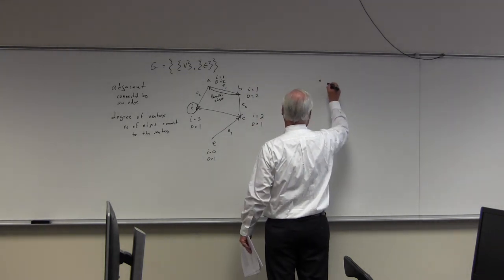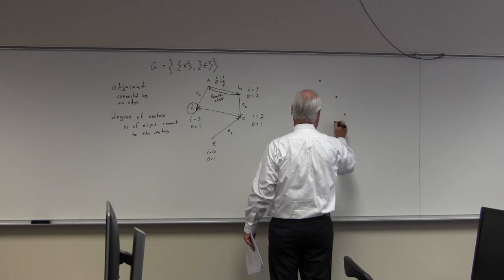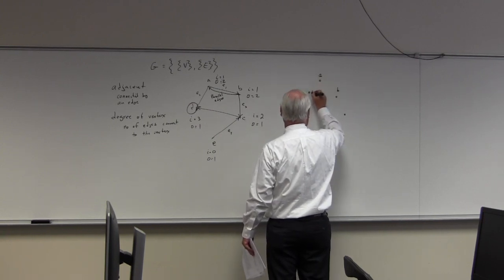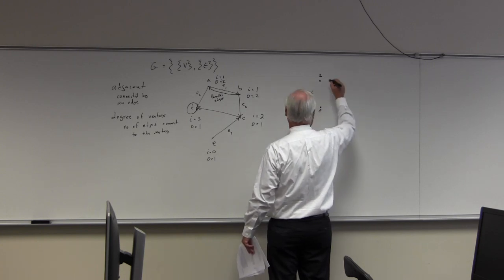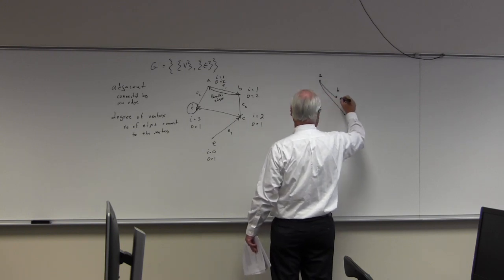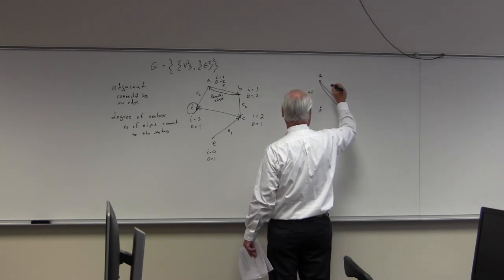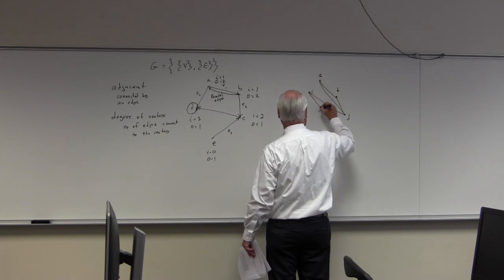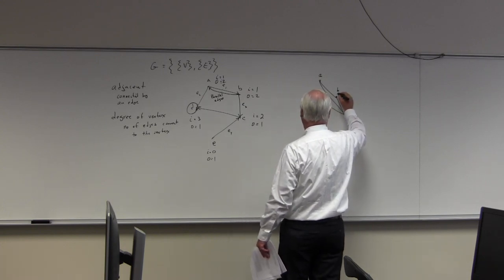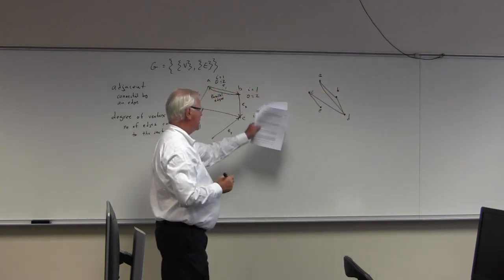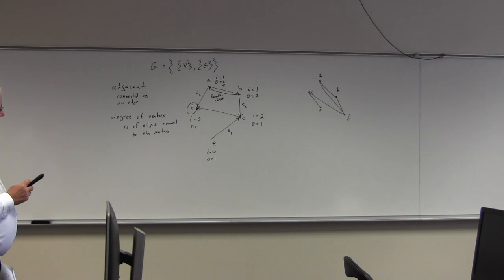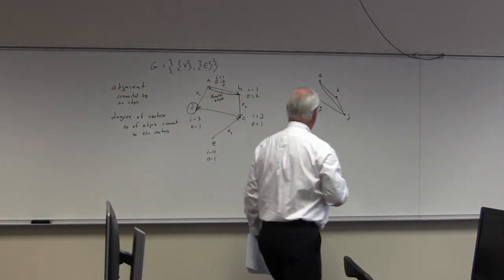If I take and do like this, this is A, this is B, so this is C, D, and E, and I go like this, and compare that to the original graph I had here without the arrowheads, do you notice that the edges are all the same as the original? I think so. Let's see.